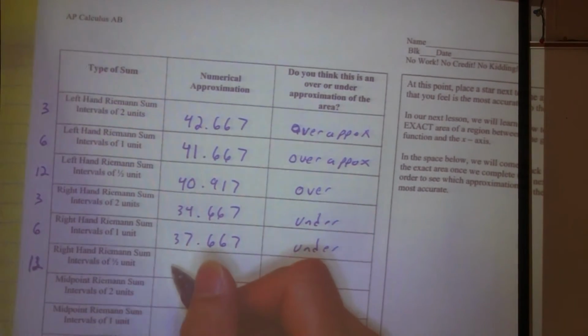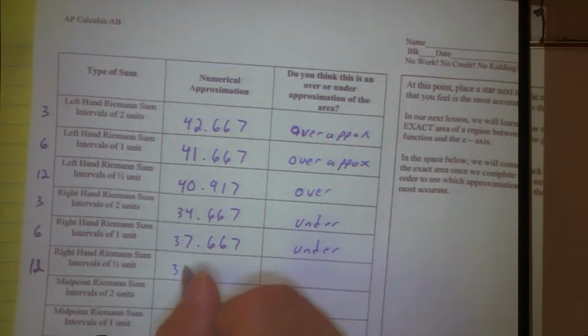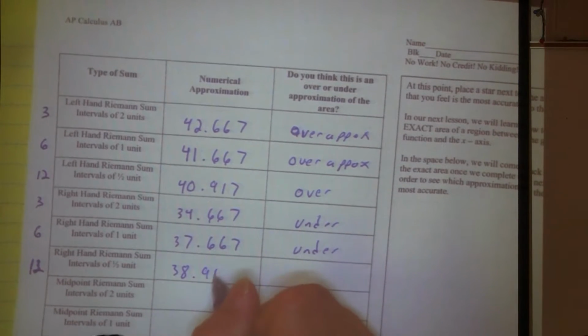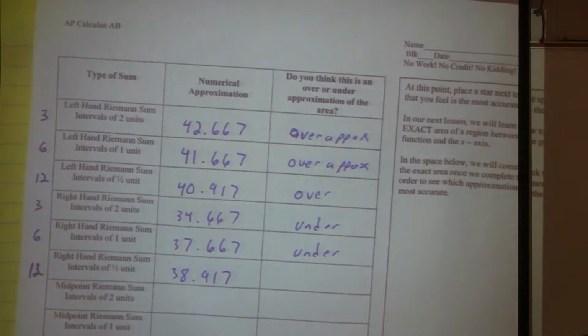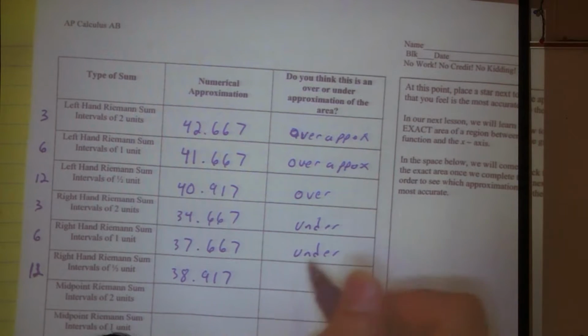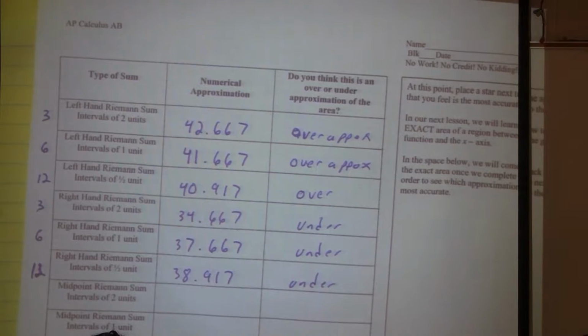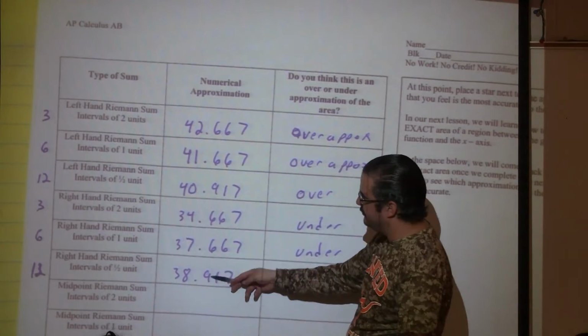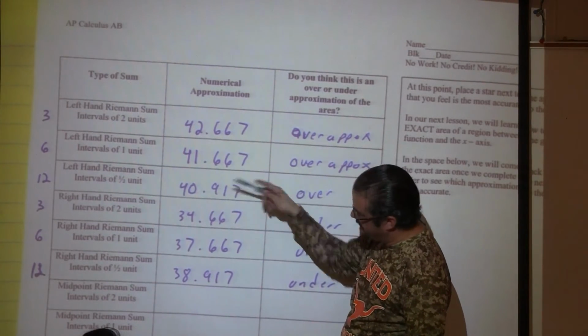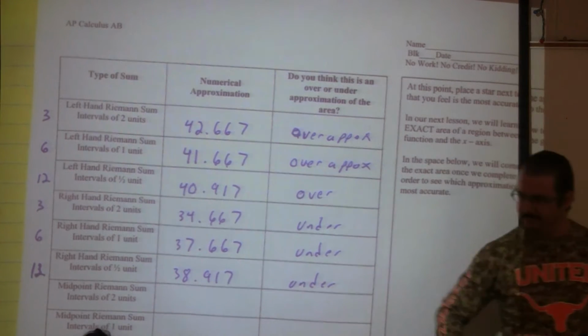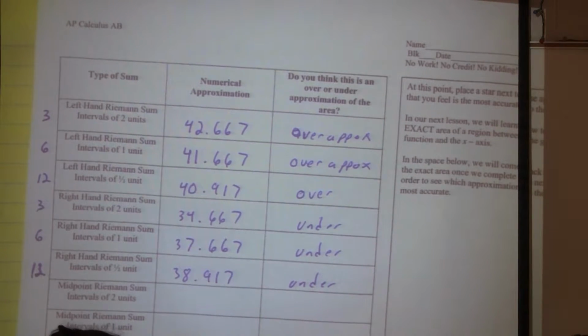So the last one was what? 38.917, and that's still an under approximation. From the right, we seem to be approaching 40, and also from the left, as we add more what? Rectangles. Okay.